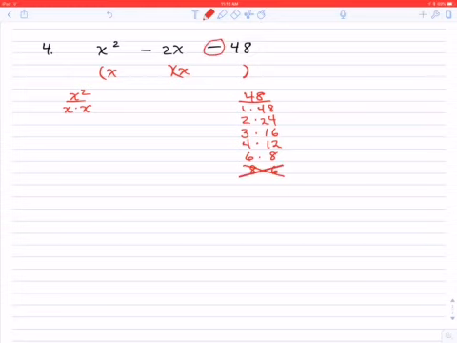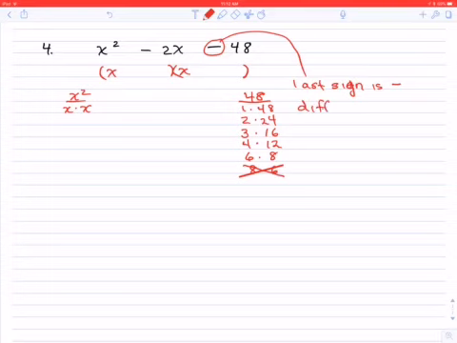Now look at the last sign. Since the last sign is negative, we want the difference of the factors to equal the coefficient of the middle term.